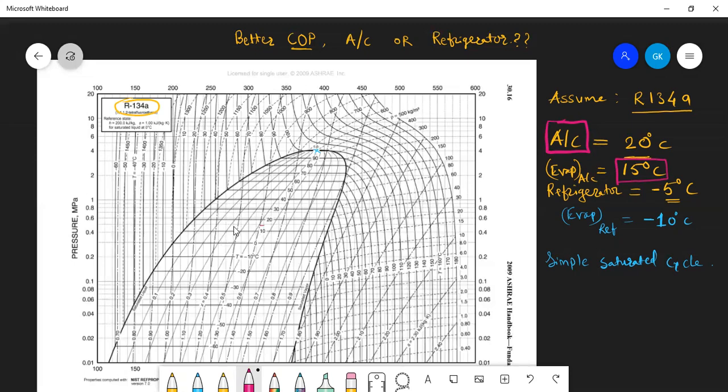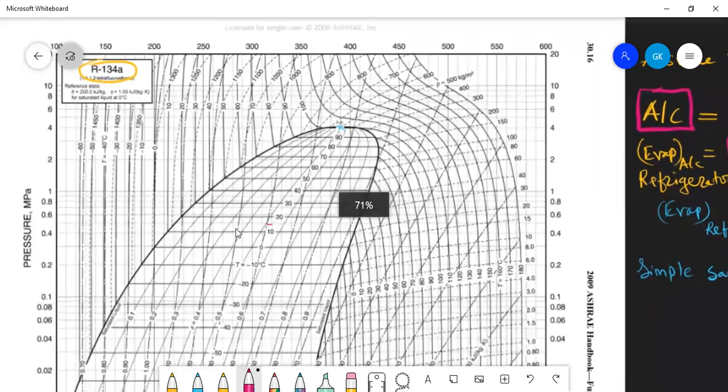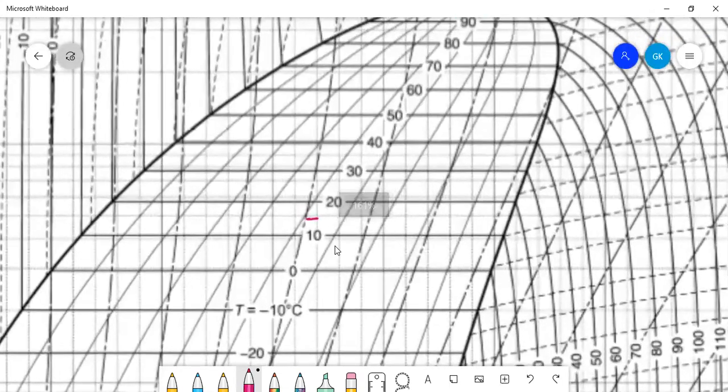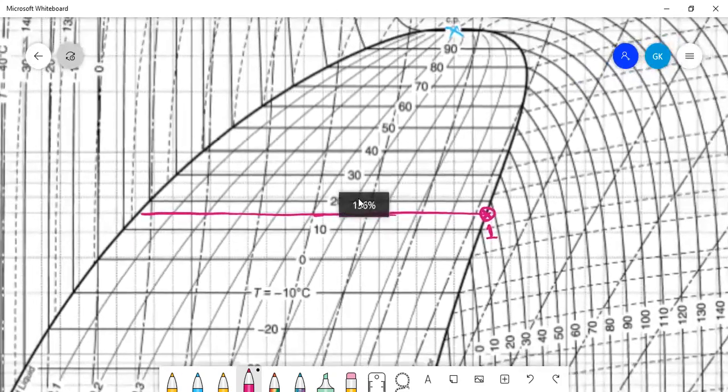So draw the line for 15 degrees Celsius. Approximately I'm drawing around 15 degrees Celsius. So this point will be at the end of the evaporator. This is point 1.